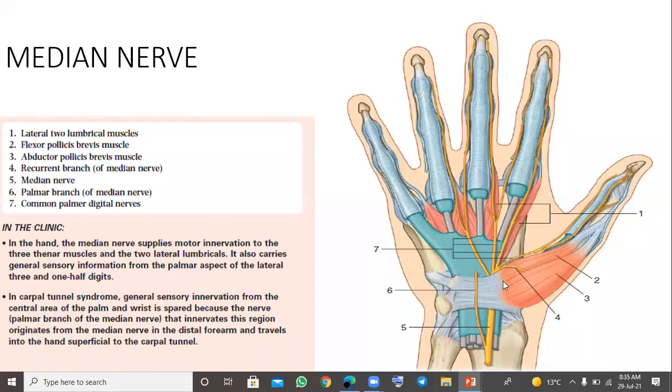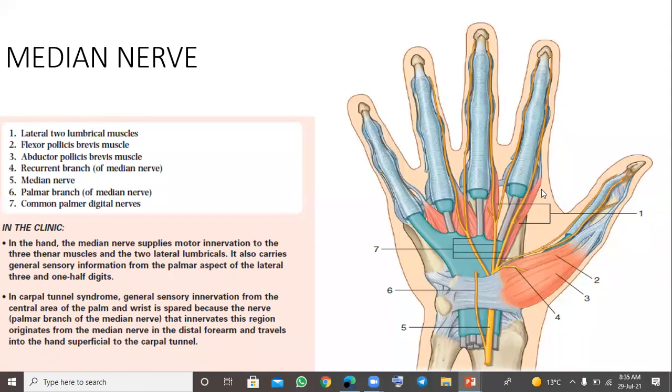So basically, remember I talked about carpal tunnel syndrome, right? Where the median nerve is damaged at the carpal tunnel, where it's compressed, it can even be damaged. So what will happen is that when the patient comes to the hospital, they'll lose their cutaneous innervation. They won't be feeling any sensation on the thumb, the index finger and the middle finger, even the lateral half of the 4th digit.